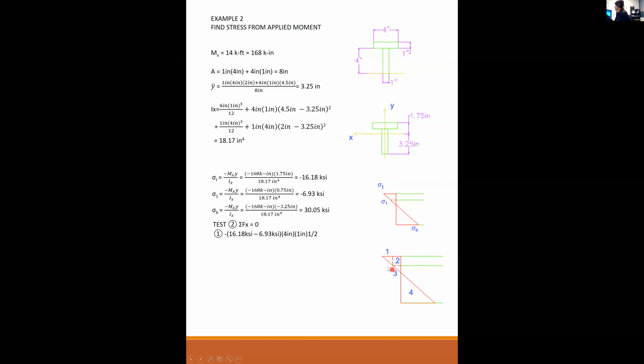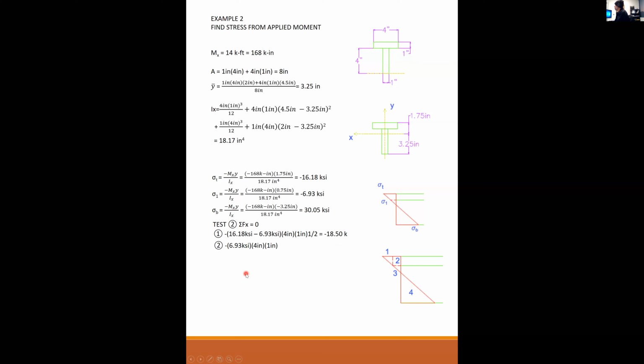So the difference between the two, 16.18 minus 6.93, gives me the magnitude of this line here, times an area of 4 wide, 1 high, and then I got a half in here because this is a triangle. So I am just finding the stress times this area to find the resultant. And the resultant is minus 18.5 kips. And that's just for triangle 1.